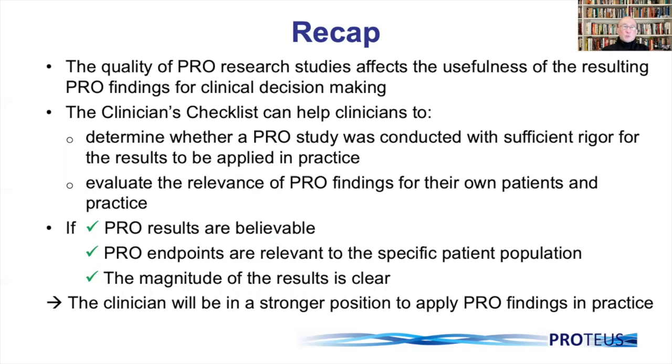So you should check whether PRO results are believable, if PRO endpoints are relevant to the patient population that was studied, and if the magnitude of the results is clear. If all of these things apply, then the clinician will be better equipped to apply PRO findings from that study to their practice and patients.